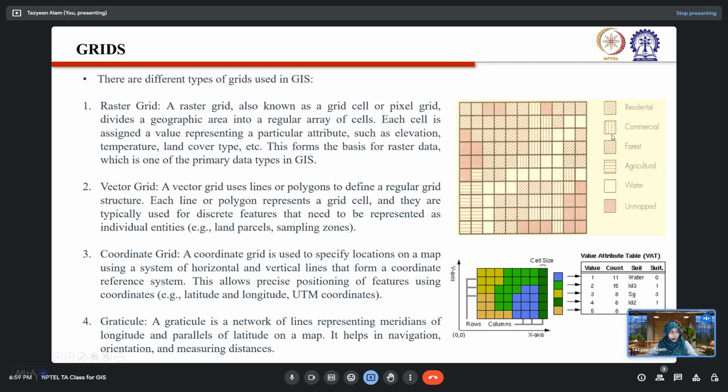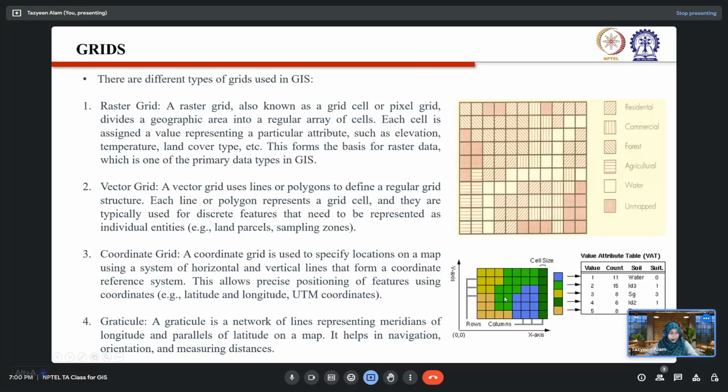Whereas if you have a vertical 90-degree line, which is here, it is a commercial piece of land, whereas the solid covered land parcels are unmapped. That means we have not identified and classified them as any typology. So this is an example of your raster grid data, correct?